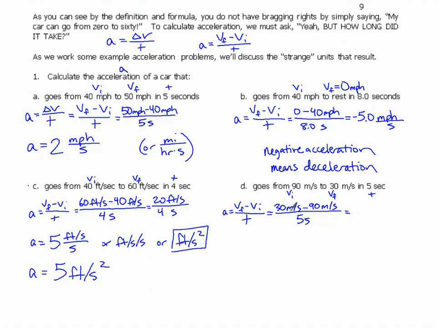So 30 minus 90 is negative 60 meters per second, and over 5 seconds, our acceleration in this example is negative 12 meters per second squared.